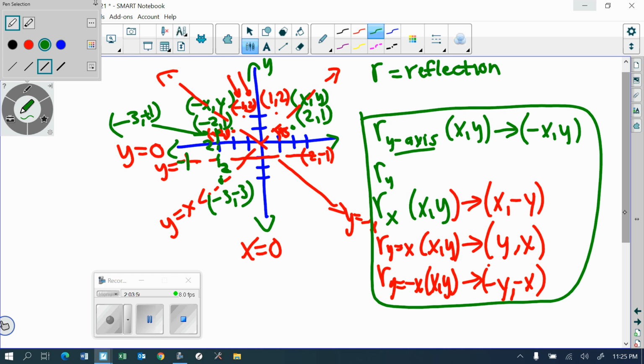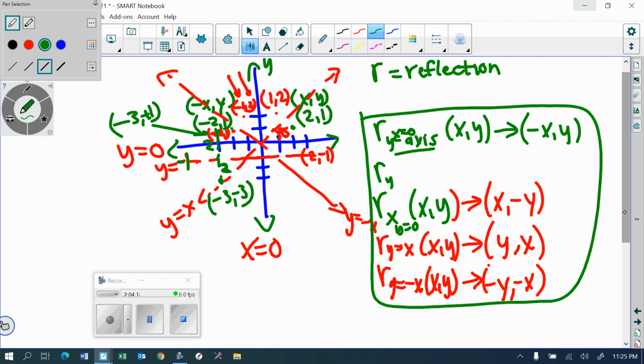Don't forget the y-axis is also called the line x equals 0, so it might say x equals 0. The x-axis is also called the line y equals 0, so they might say reflection over the line y equals 0, to see if you know that equation is the x-axis. Okay, that's just a side note. So that's with reflections.